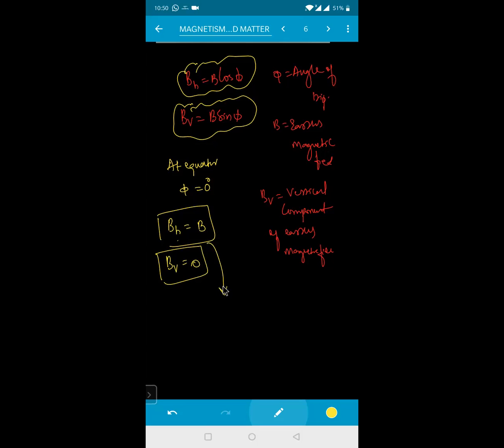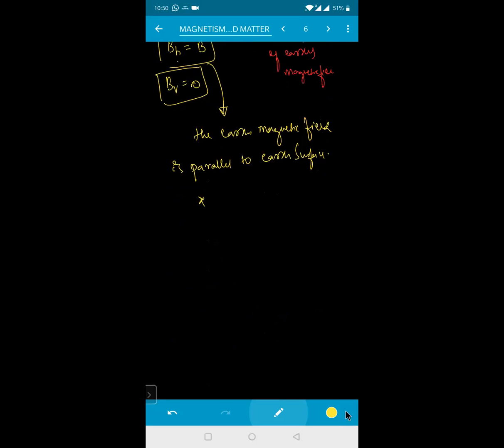Write here: the Earth's magnetic field is parallel to the Earth's surface. That means a freely suspended bar magnet will come in which direction? Horizontal to the equator.